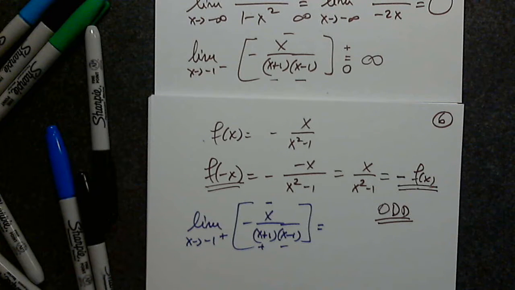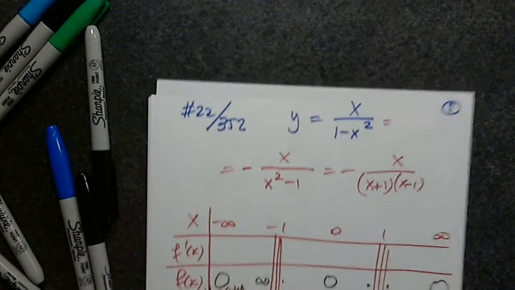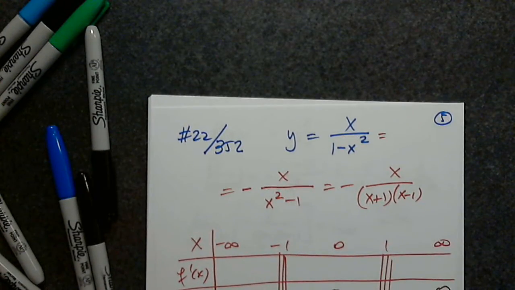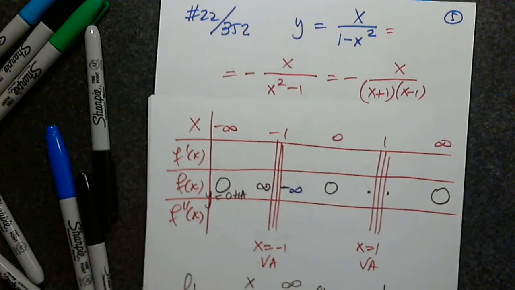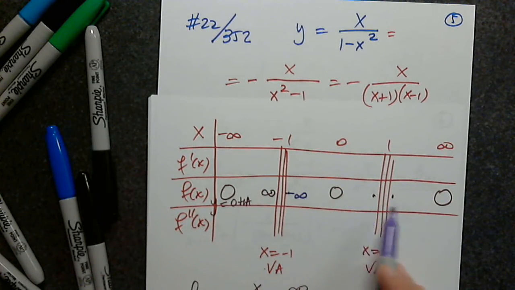I see this time 3 negatives. So the answer would be negative infinity. Very good. So then I know on this side we have negative infinity. If that's the case, these have to be reversed, otherwise the function will not be odd.